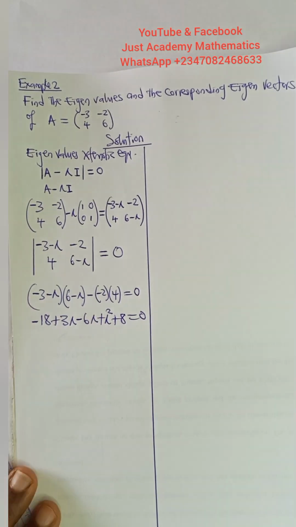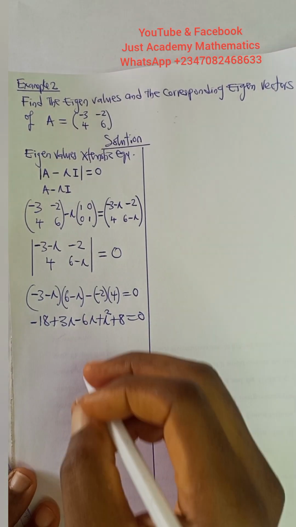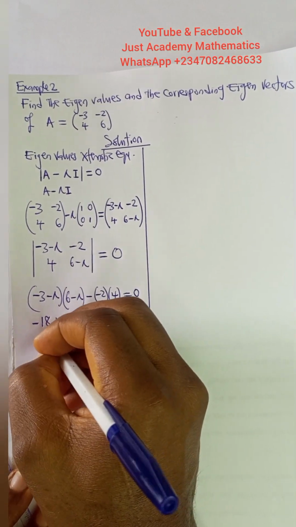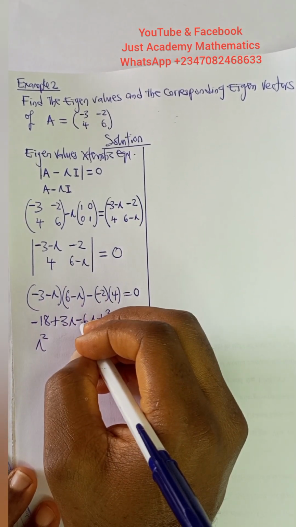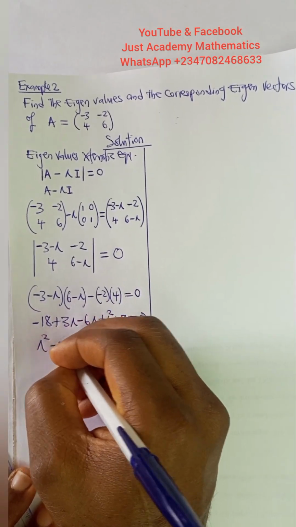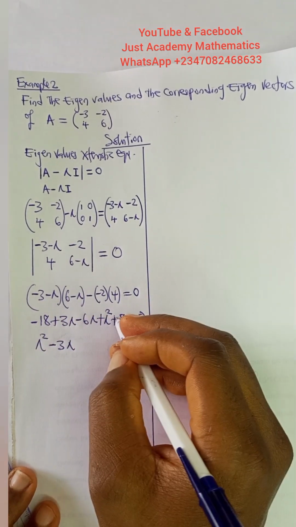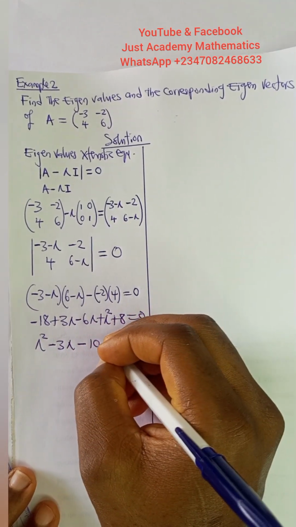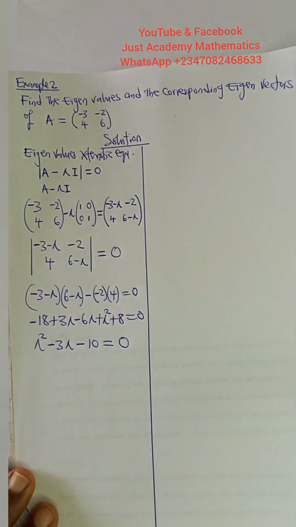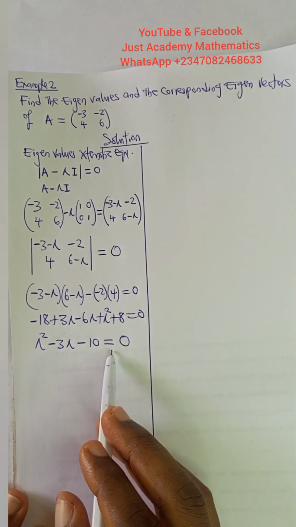So if you balance up this quadratic equation, obviously it's a quadratic equation, you have lambda square plus 3 minus 6 will give us minus 3 lambda, minus 18 plus 8 will give us minus 10, is equal to 0. So the next thing is to factorize this.